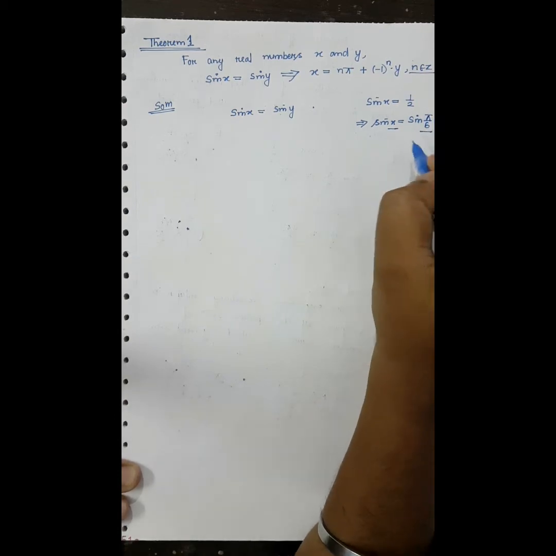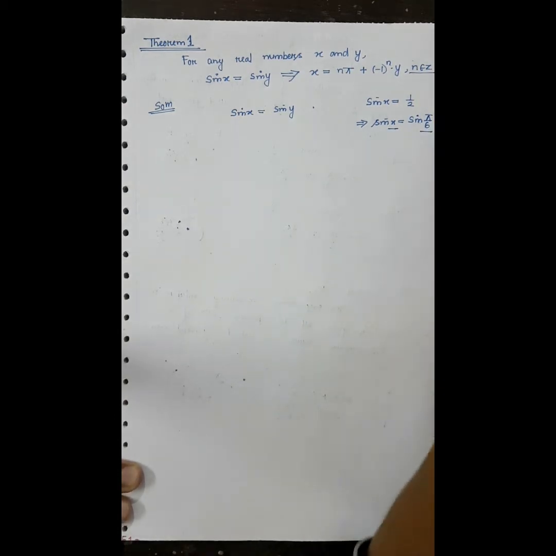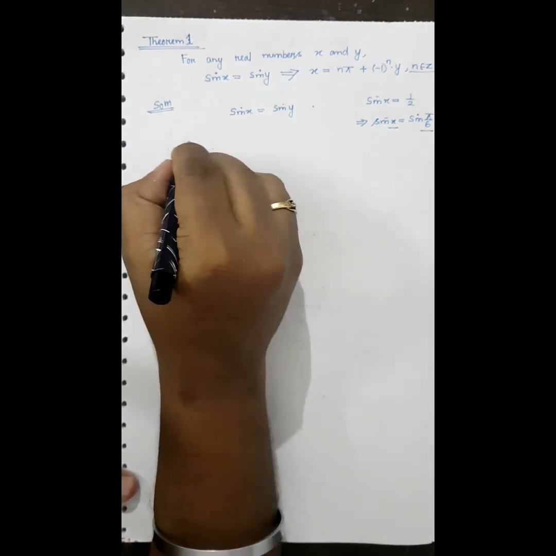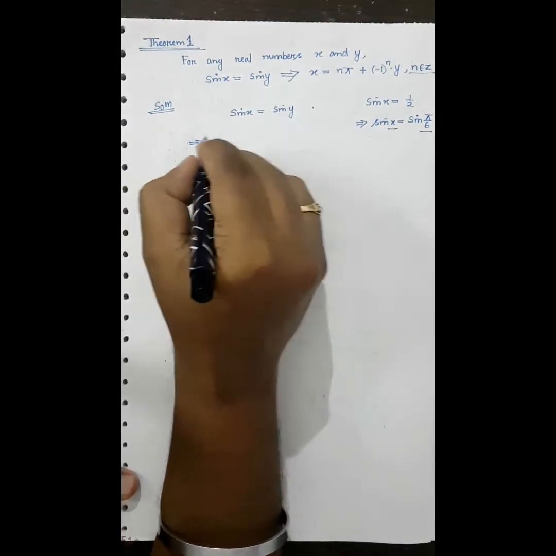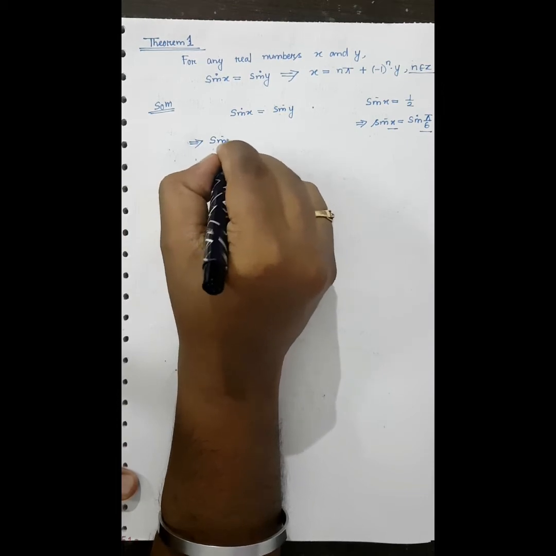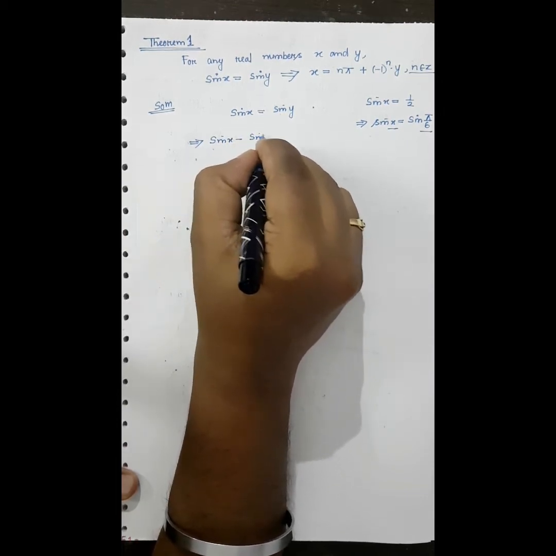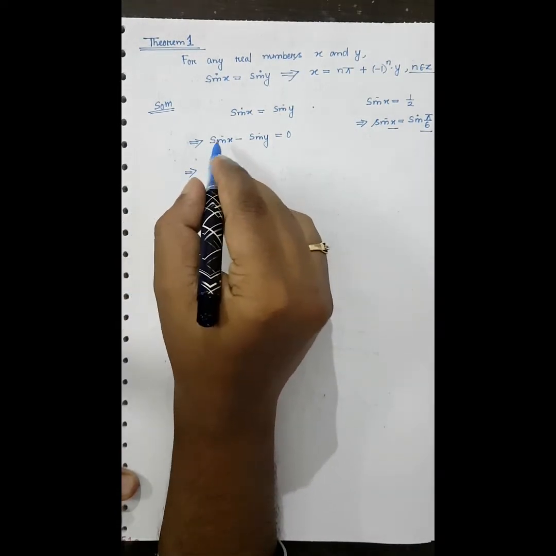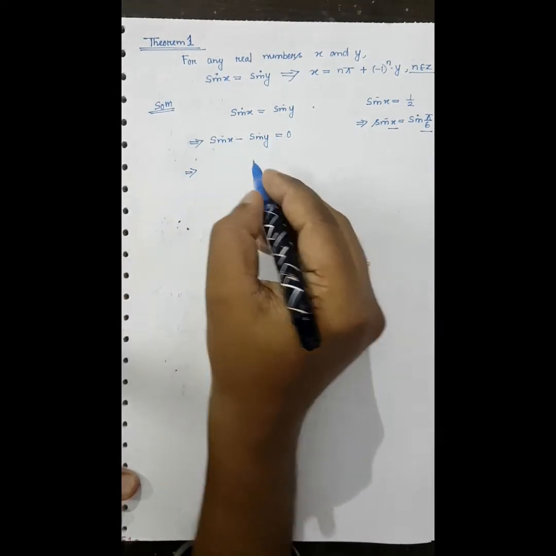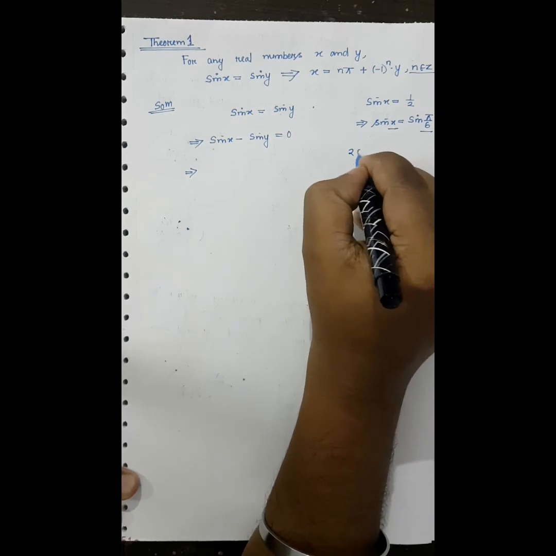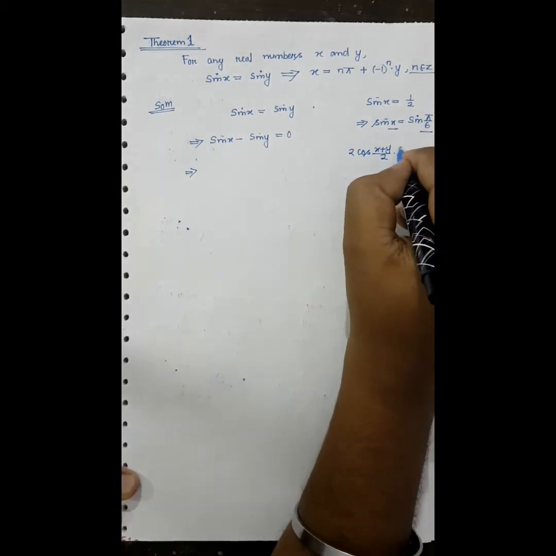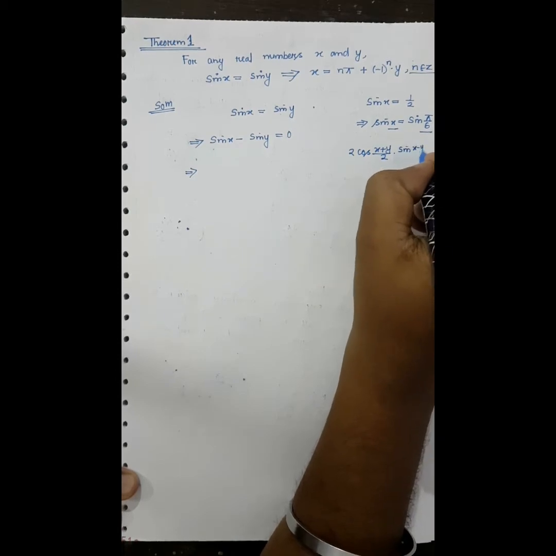Here y is equal to pi by 6. Now you are given sine x is equal to sine y. So if I take this on the left side, I will get sine x minus sine y is equal to 0. Now the formula of sin c minus sin d is equal to 2 cos of c plus d by 2 into sin of c minus d by 2.